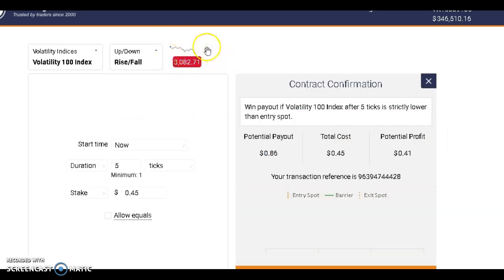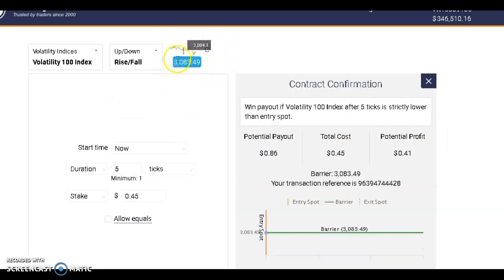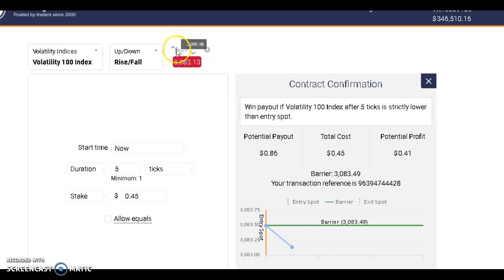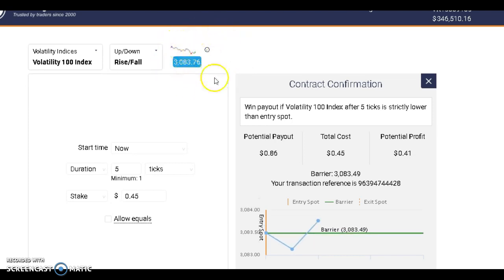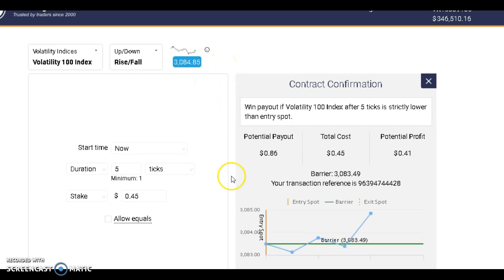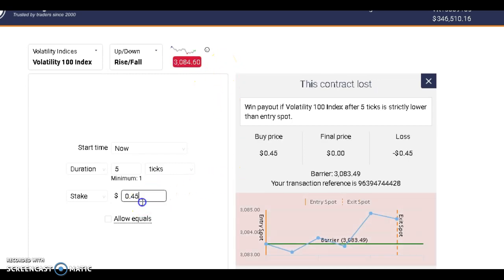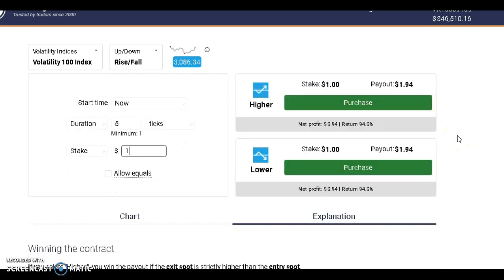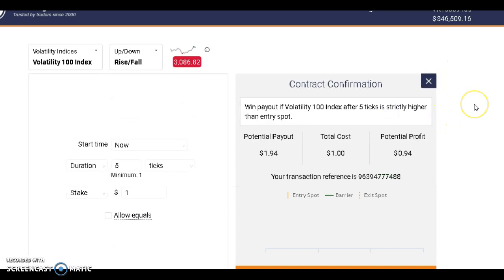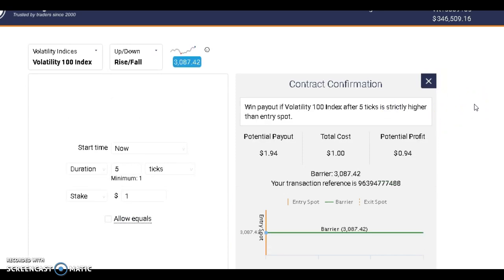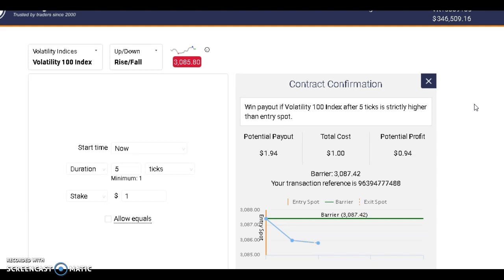Don't forget the signal is around here. If you know how to read it, you will definitely rake in some dollars. So getting to the third stake. That's my third stake.